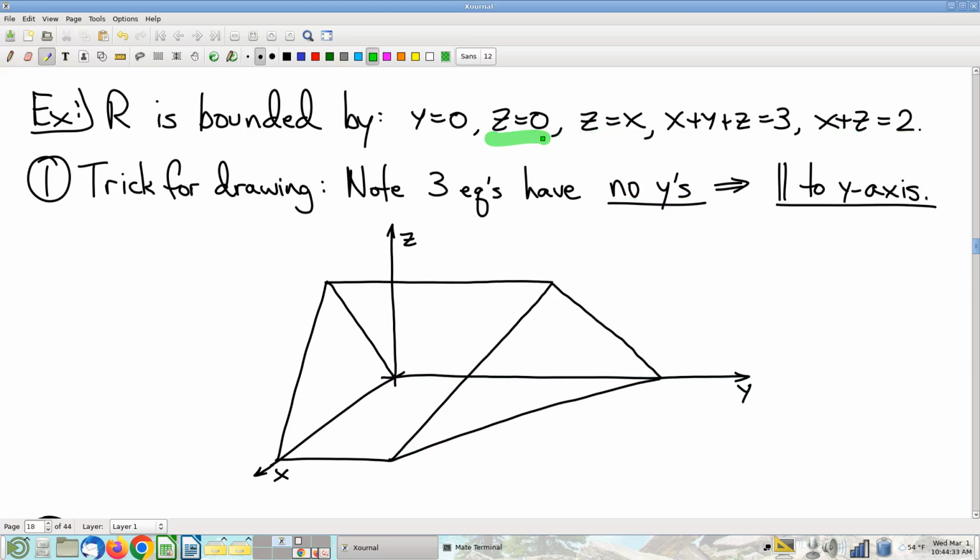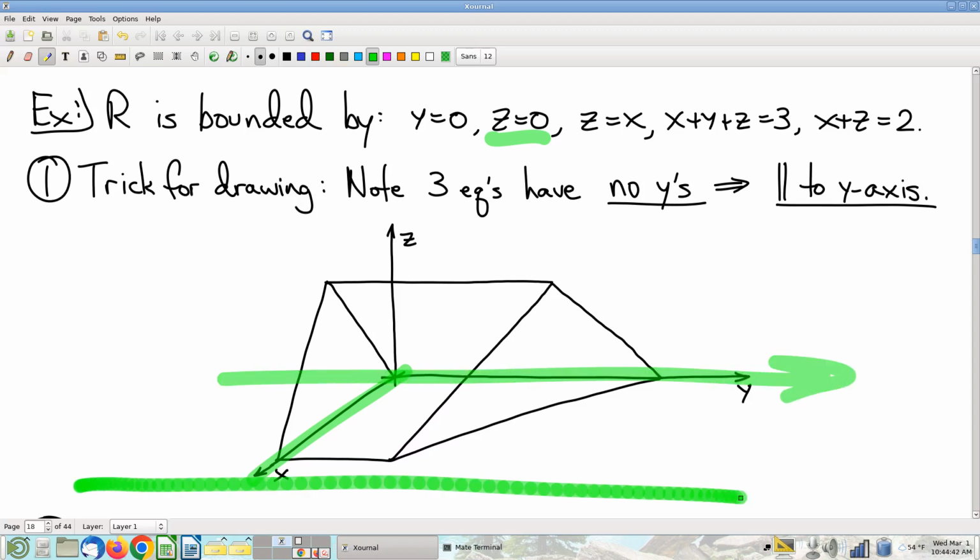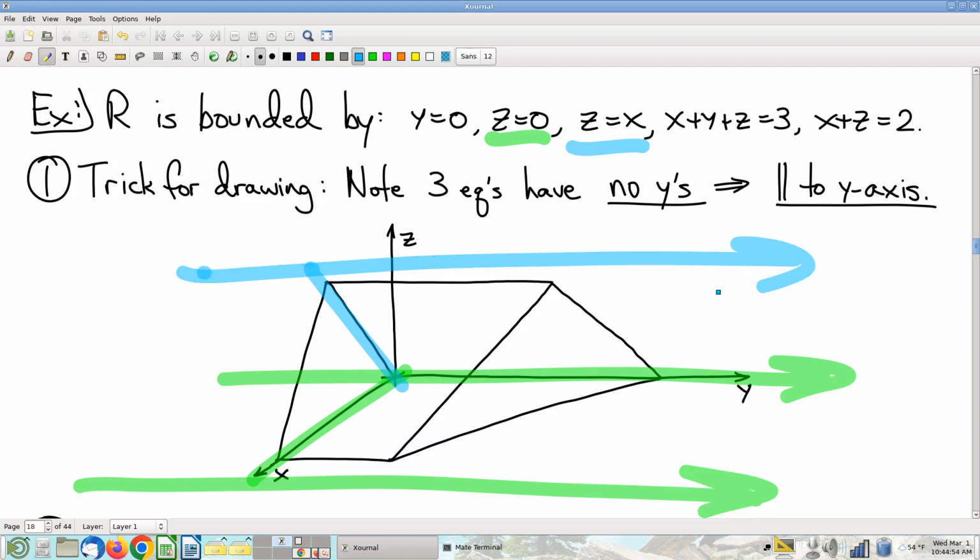Actually, let me color code a little better. z equals 0. And of course, now as a plane, I know it's parallel to the y-axis, and so it's kind of like this as a plane. Let's look at this one, z equals x. Nothing to it. Oh wait, it's a plane. It's parallel to the y-axis, so again, it's something kind of like this.